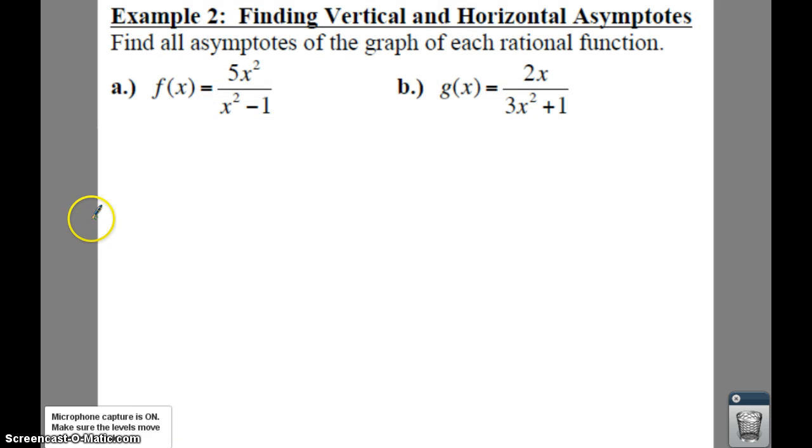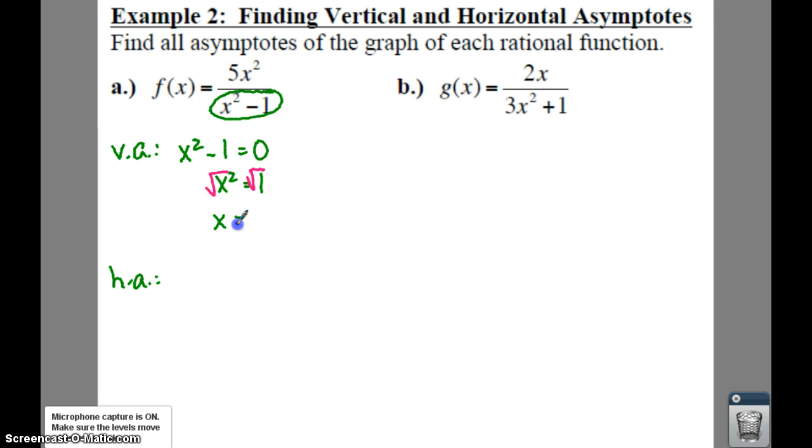So if we look at example 2, we need to find all your asymptotes. We're going to find your vertical asymptote first, that's the easiest, and then we're going to find a horizontal asymptote. For your vertical asymptote, you take your denominator and set it equal to 0. You can factor this, or you can just add 1 to both sides, and when you take the square root, you get x is equal to plus or minus 1.